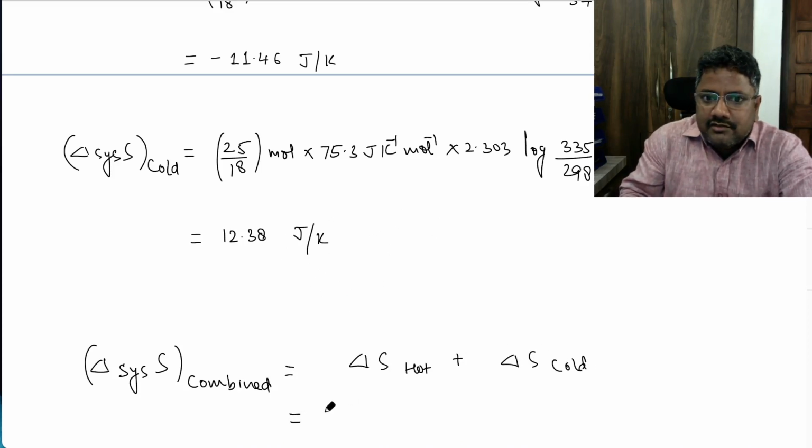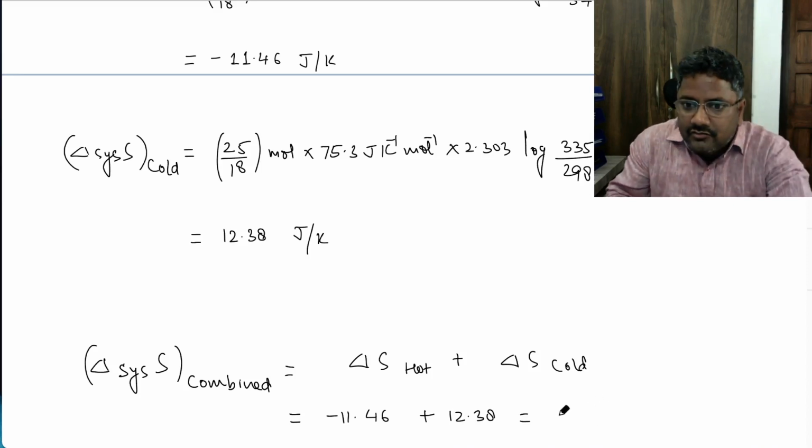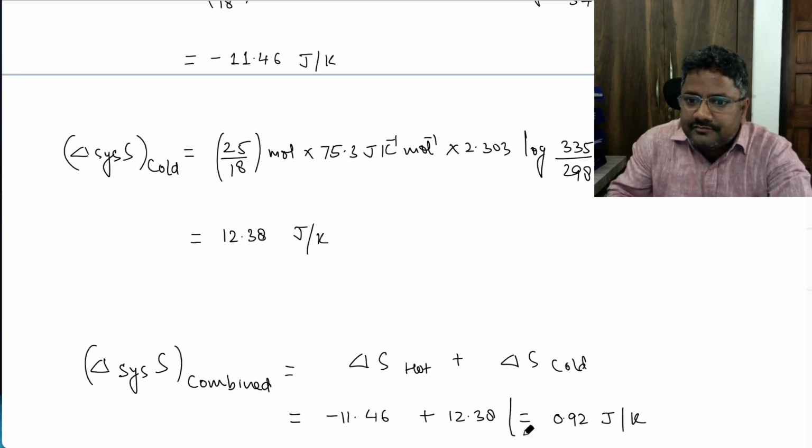So this is equal to, for hot, we have minus 11.46 and this is plus 12.38. So this is equal to what? 0.92 joules per Kelvin. So this is the answer.